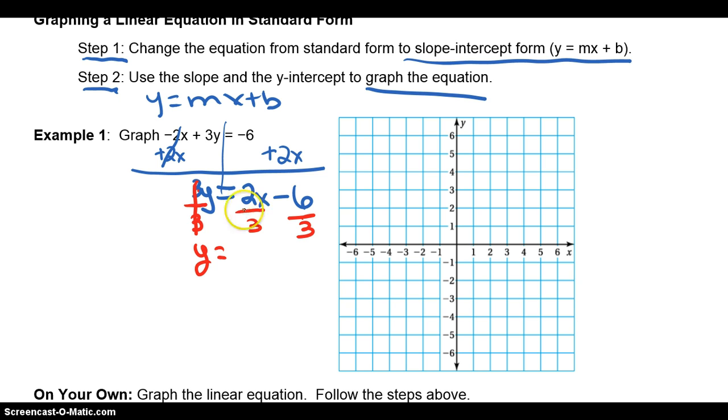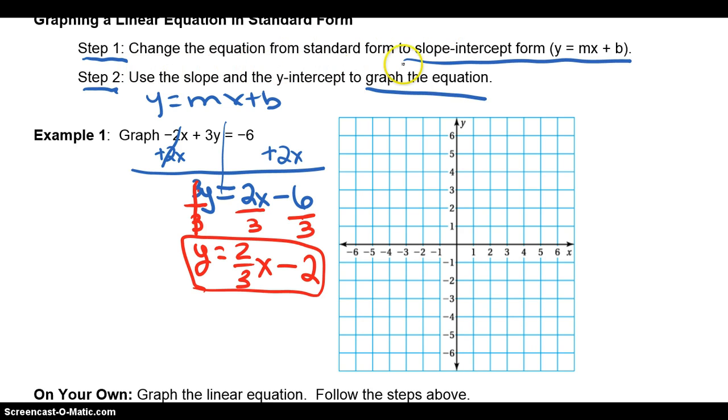And then we leave this in fraction form because the slope is in fraction form. When we go to graph it, it's fine, 2/3 x. And then what is 6 divided by 3? It's 2. Or you can think negative 6 divided by positive 3, negative 2. And so now we look at it and check to make sure it's in mx plus b form. And it is. So that was step 1.